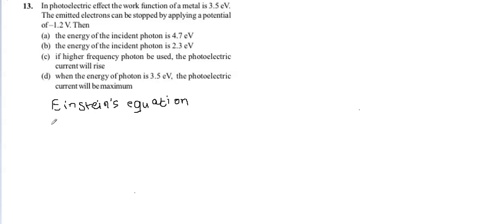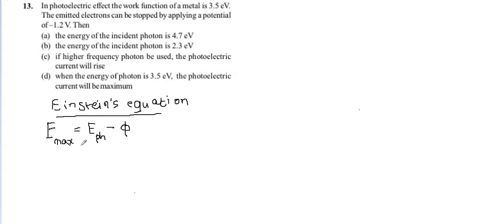So what does this equation say? It says that the maximum energy of the electron emitted is equal to the energy of the photon that is incident, minus the work function of the metal.